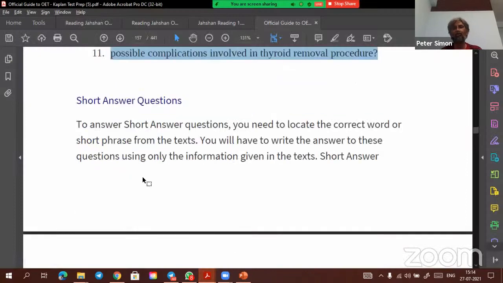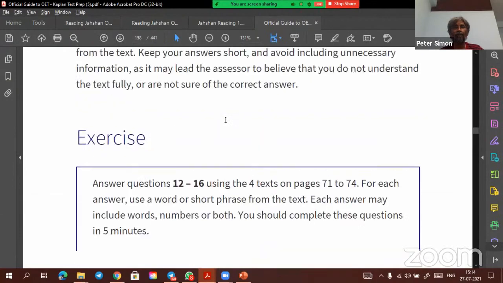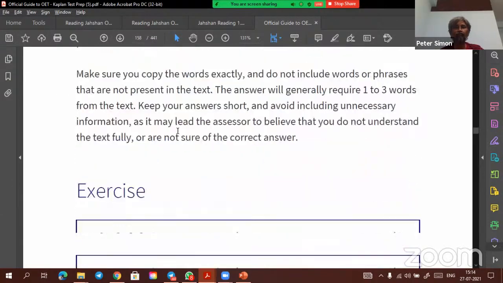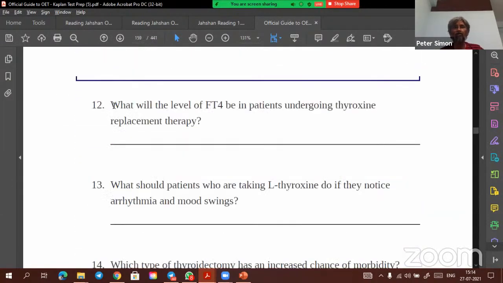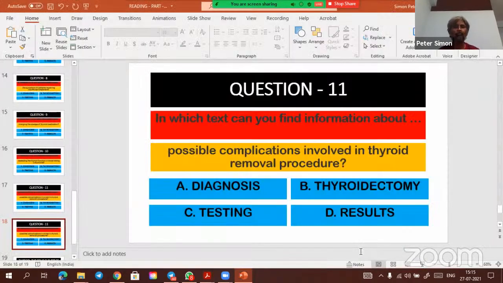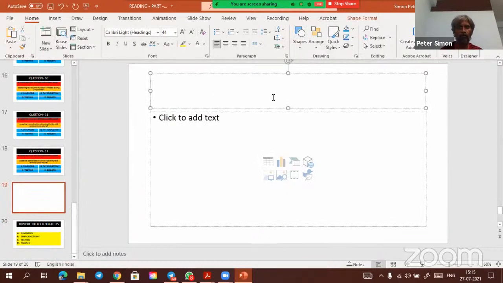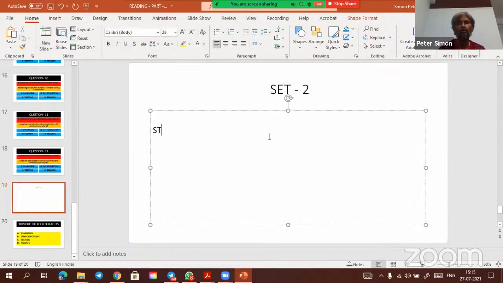Next one, short answer questions. Next one is short answer questions. Right. Now, short answer questions. Question number 12, part type 2. Okay, set 2. These are short answer questions.